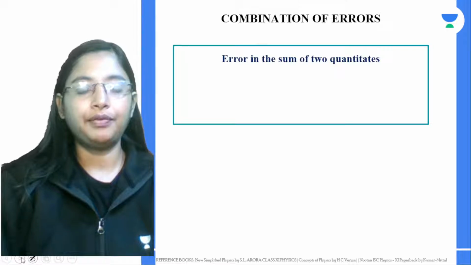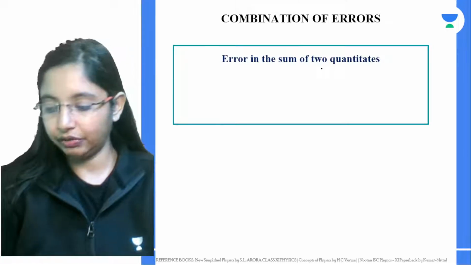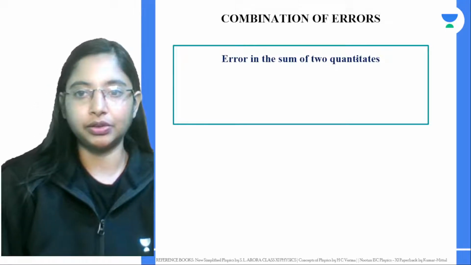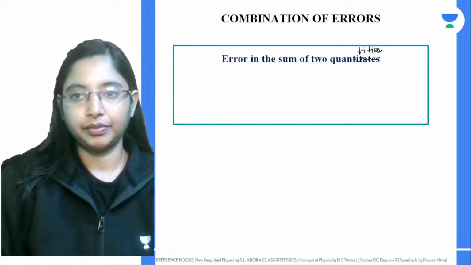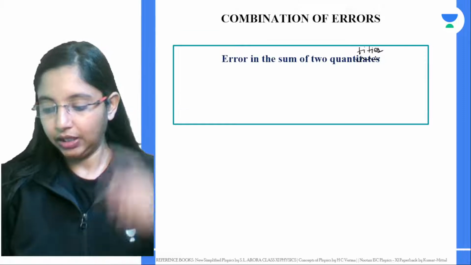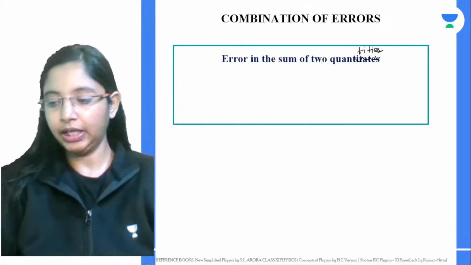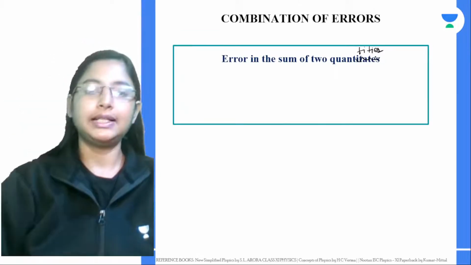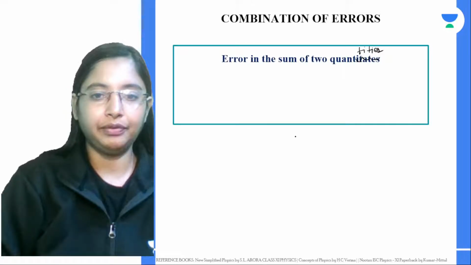Okay, first one is, what is the error in the sum of two quantities? Right, so let's say you're doing two measurements. Okay, you have two values.